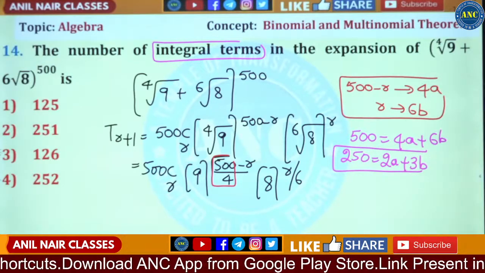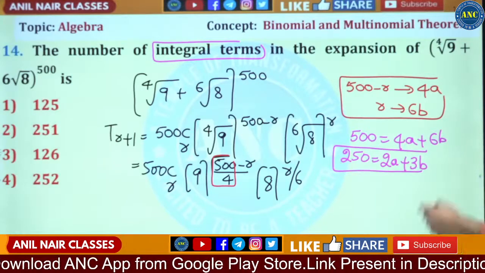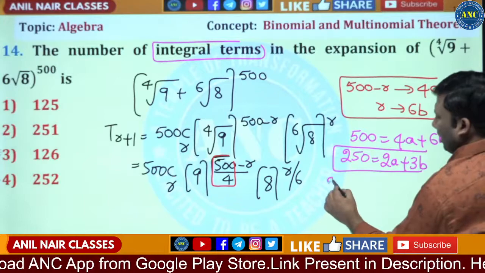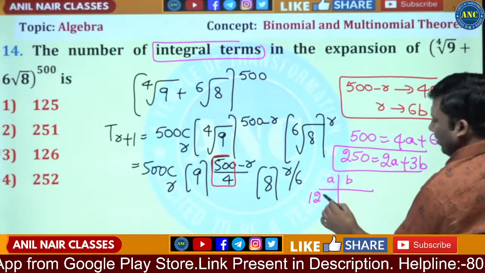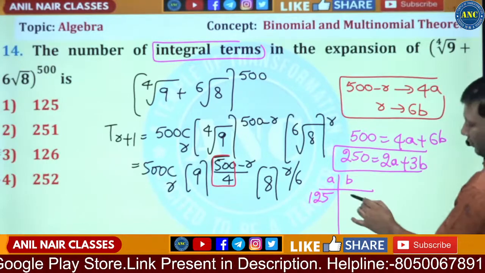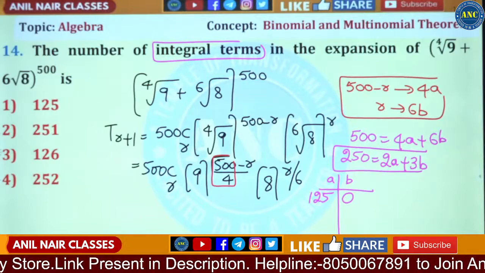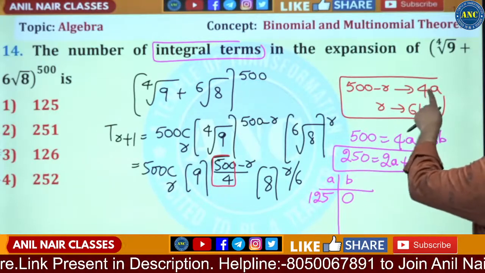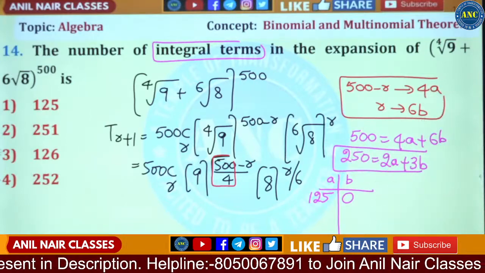So 2a plus 3b is 250. If I take a as 125, 125 2s are 250, and b can be 0. If a is 125, this becomes 500, so this is possible. Next one.